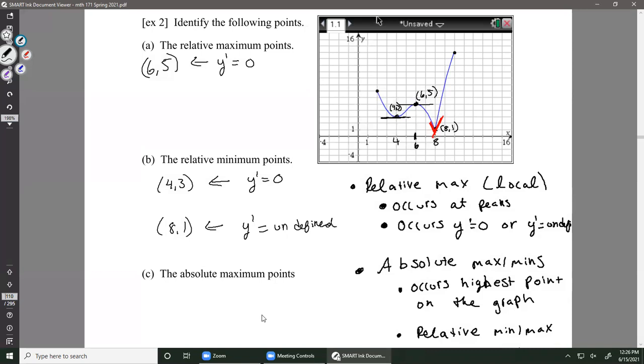Which brings us to a slight note. If you ever have a sharp point in your graph, your derivative's going to be undefined. So derivatives are undefined at sharp points.